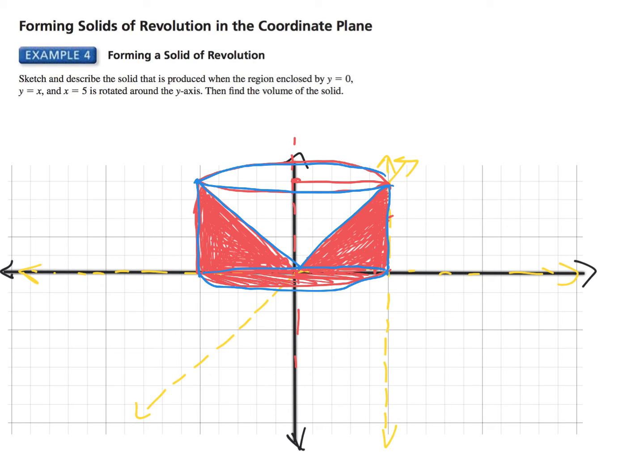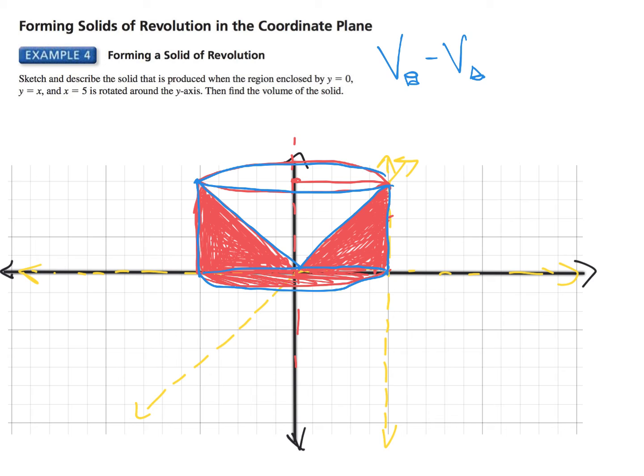So our cylinder is that piece, and then that cone is missing. So we need to find the volume of the solid, which means we need to find the volume of the cylinder and subtract the volume of the cone from it, okay?